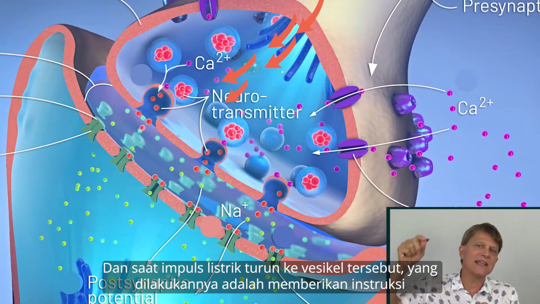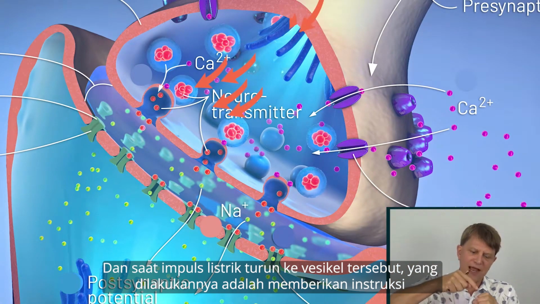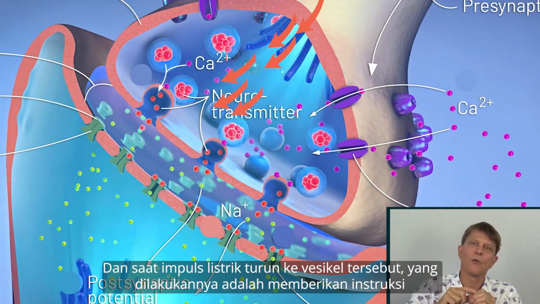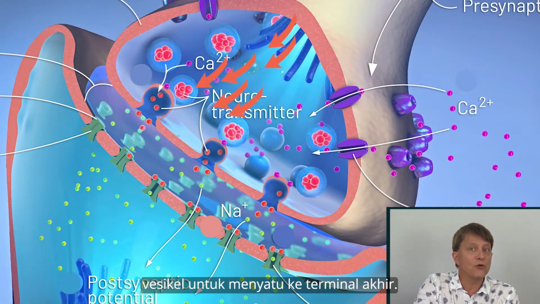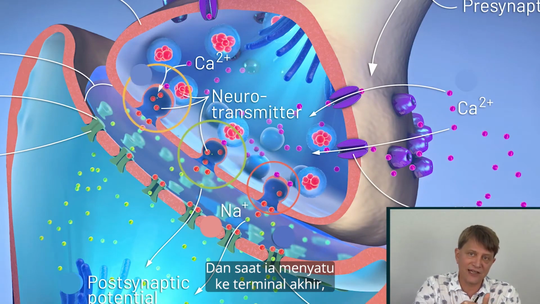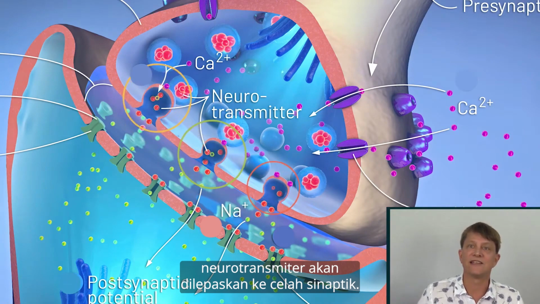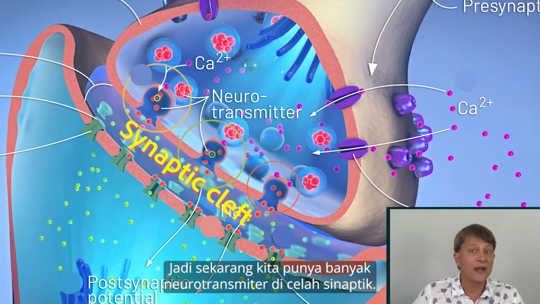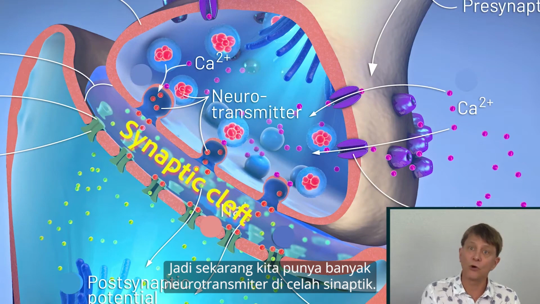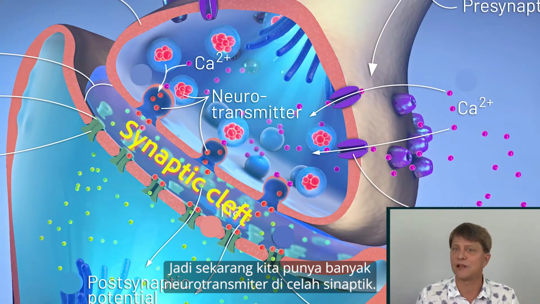And as the electrical impulse comes down to those vesicles, it instructs the vesicles to fuse onto the end terminal, and as they fuse onto the end terminal, the neurotransmitters are released into the synaptic cleft. So now we have a bunch of neurotransmitters in the synaptic cleft.